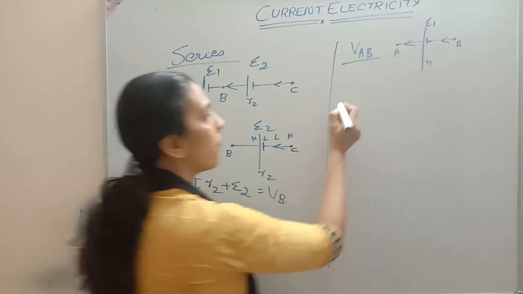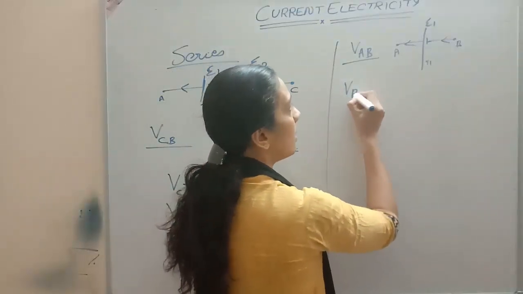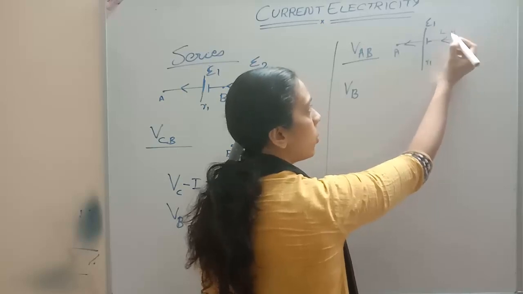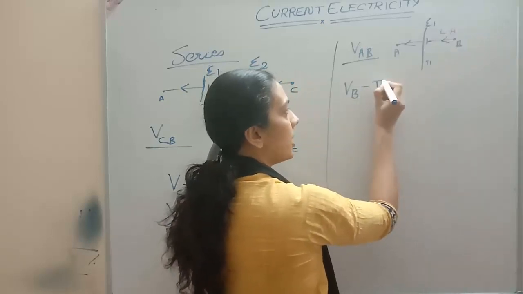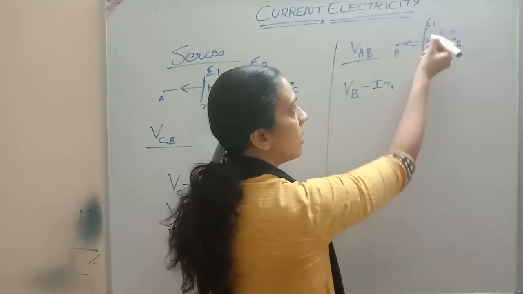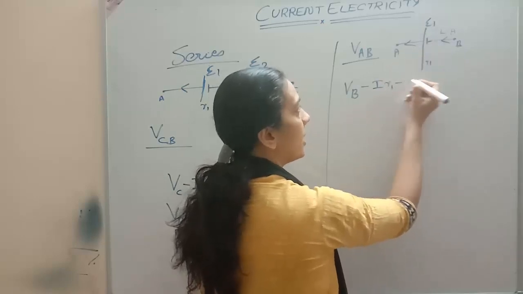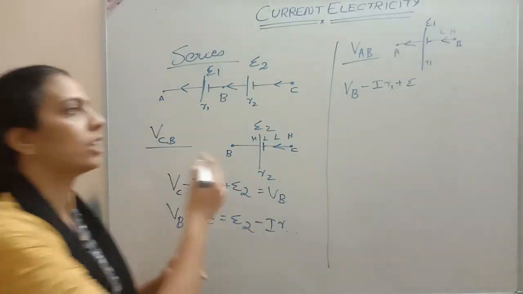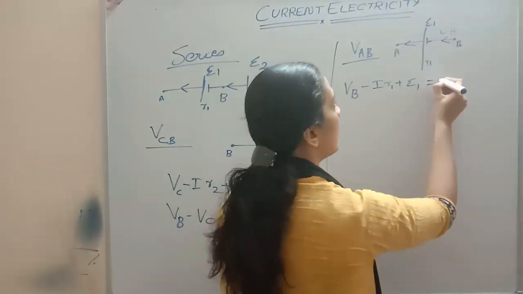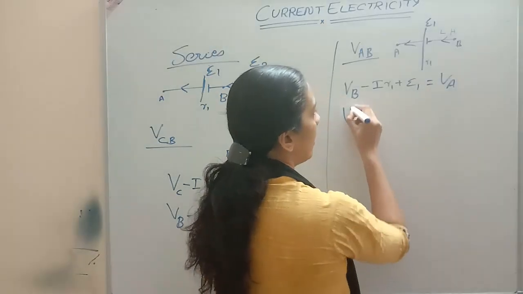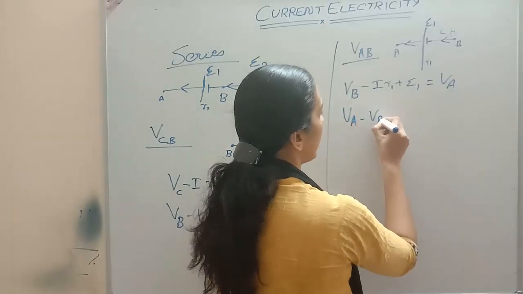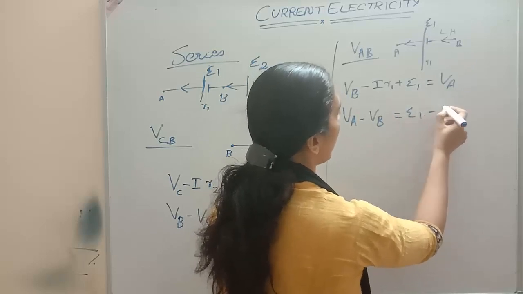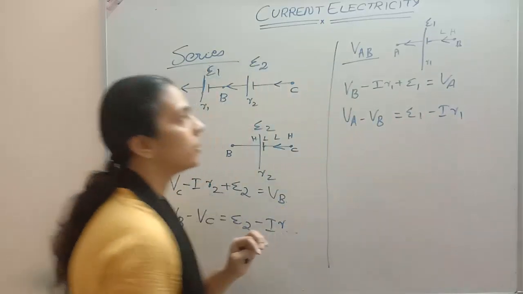Starting from B, VB, the current is moving from higher to lower potential. The potential is reducing, so IR1, while coming to a cell it will become positive because it goes from lower potential to higher potential. So it is plus E1, which is equal to VA. Now we can write VA minus VB will be equal to E1 minus IR1. Okay, clear?